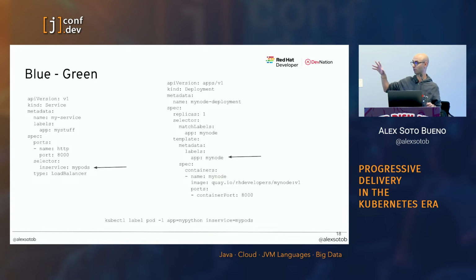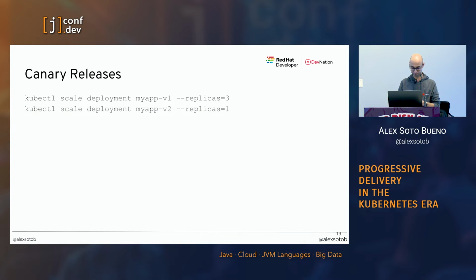Saying, okay, label in the deployment, this my node deployment, I'm just going to add the label in service my pods, and then this Kubernetes service is going to start sending traffic to this one. Then if I deploy a new version, I just annotate it with this label. I've removed the label from the old one, and I've implemented a blue-green deployment. Yeah, it's a technique that probably I would not do that way, but it's the way that Kubernetes offers if we are not using anything.